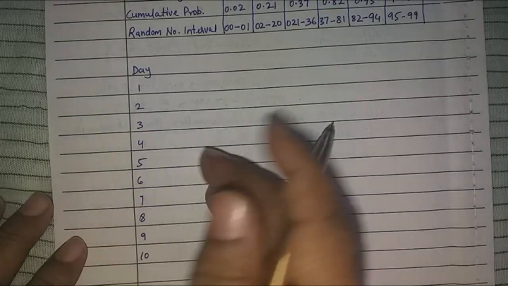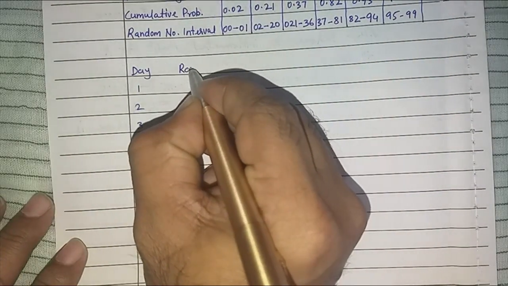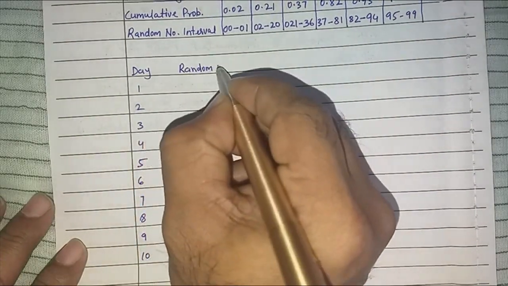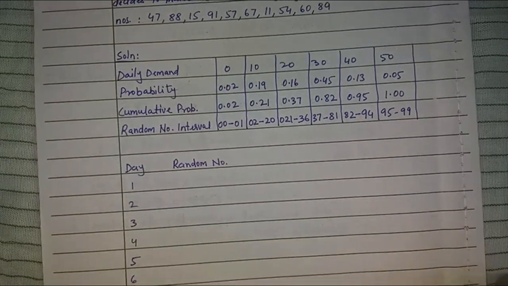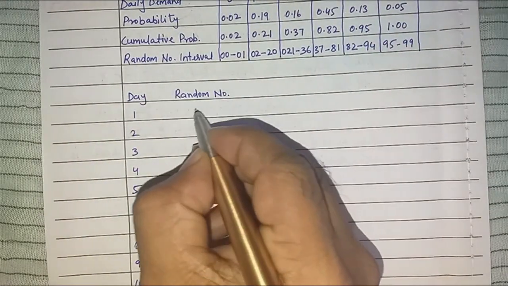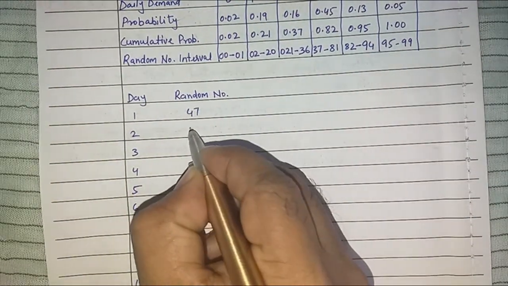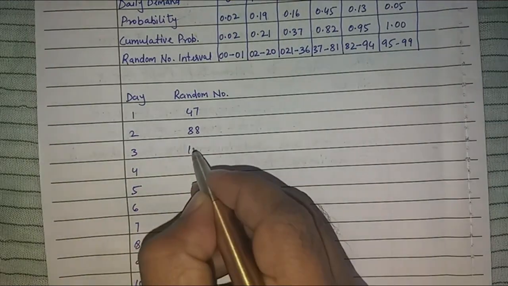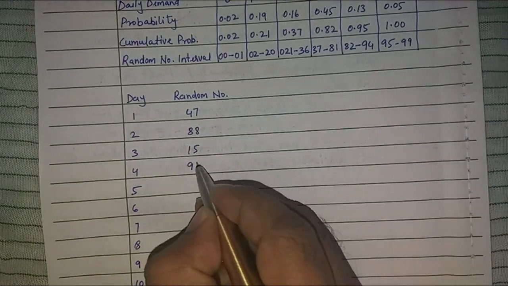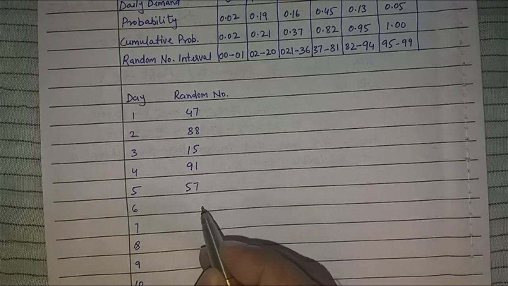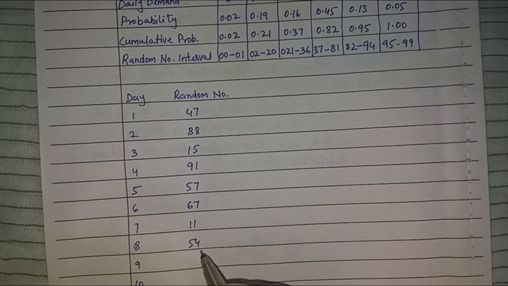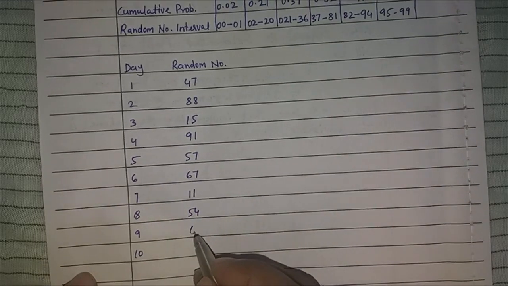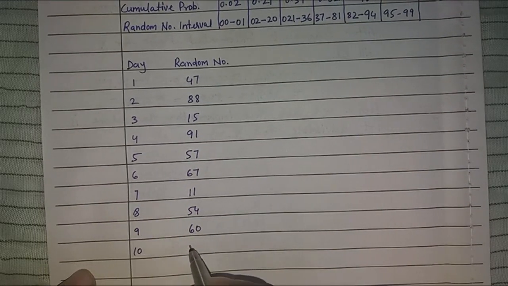This is followed by the random numbers, which are given to us: 47, 88, 15, 91, 57, 67, 11, 54, 60 and 89.